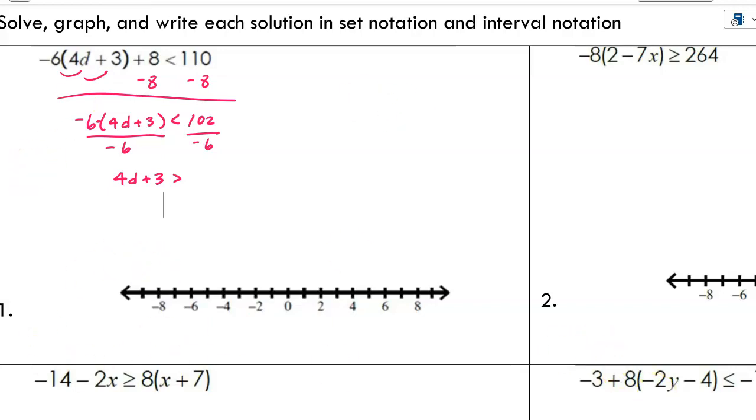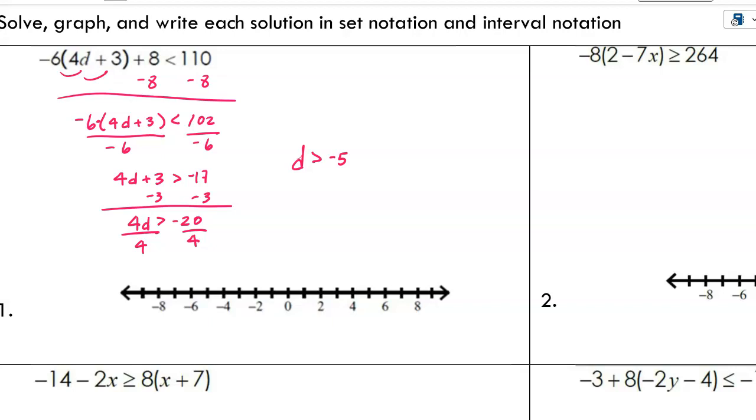Let's do that really quickly. 102 divided by 6 is going to be a -17. Subtract 3, 4d greater than -20. Divide both sides by 4. And I get d is greater than -5.